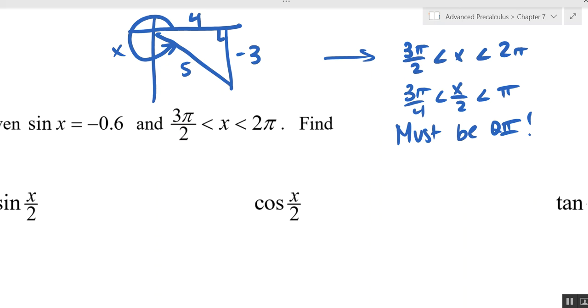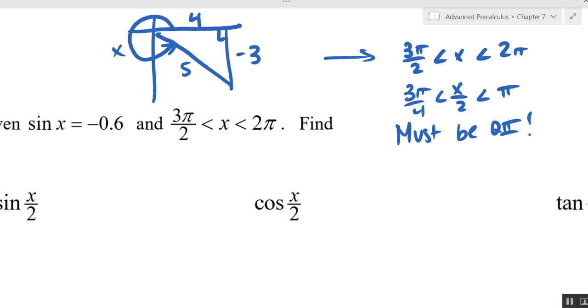Now 3 pi over 4 and pi are definitely in quadrant 2, so we know our angle is going to be in quadrant 2. So that tells us that sine is going to be positive, cosine is going to be negative, and tangent is going to be negative. So we know that before we even start the problem.